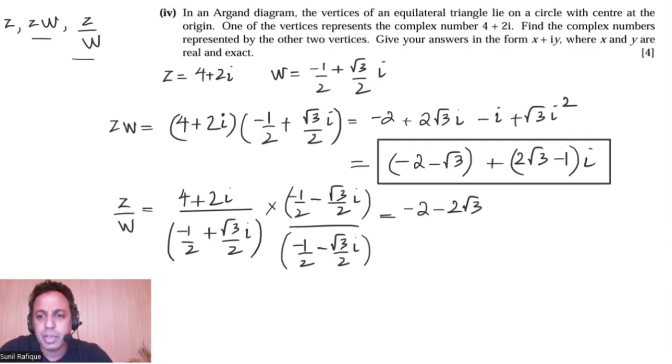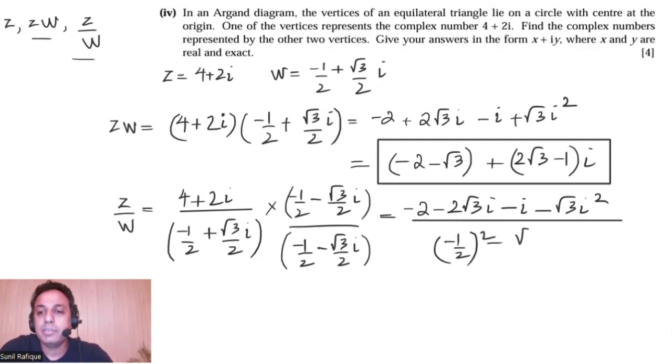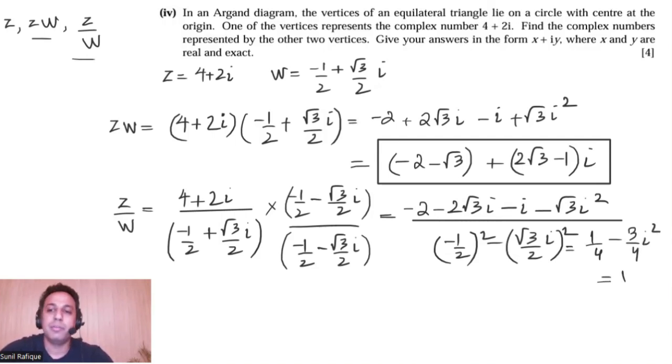-2√3i, and -i, and -√3i². Divide the whole thing by (-1/2)² minus ((√3/2)i)². I just use the difference of two squares identity. 1/4 minus 3/4 i², which is going to be, well, that's 4/4, 1, right?